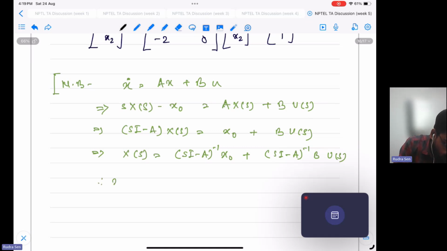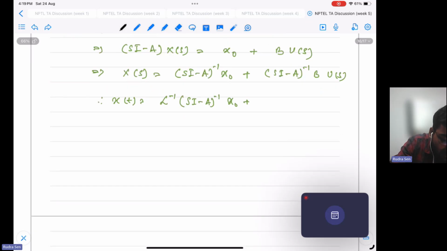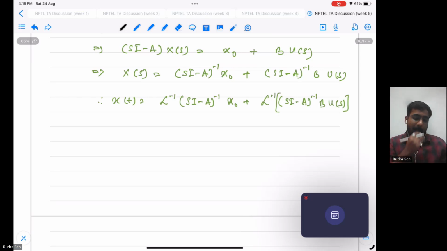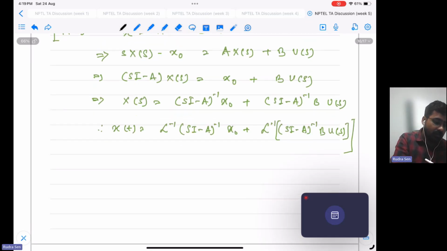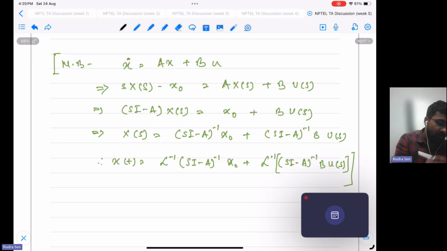From here, x(t) is the Laplace inverse of (sI minus A) inverse x0 plus the Laplace inverse of (sI minus A) inverse into B into U(s). So this is the actual thing.